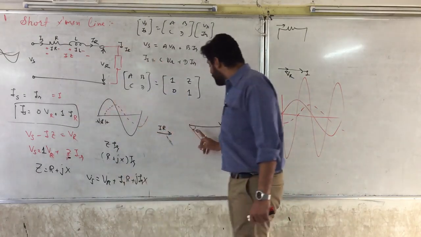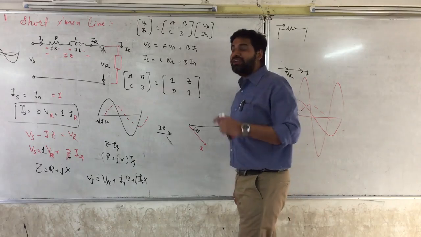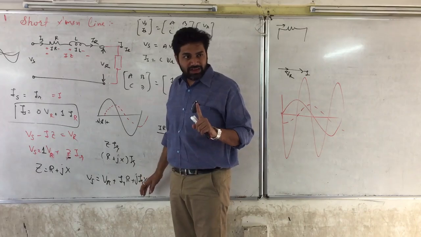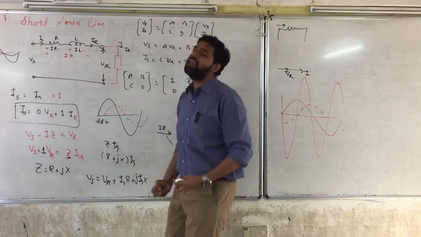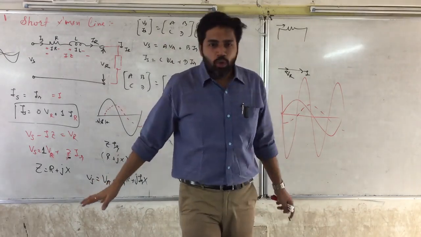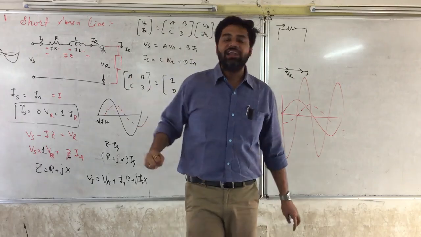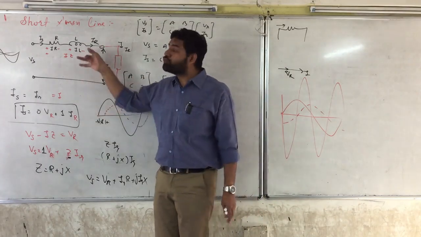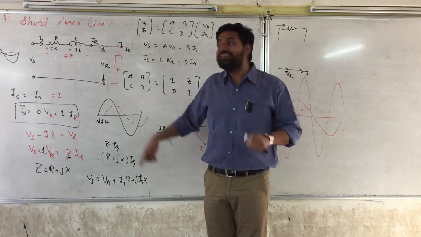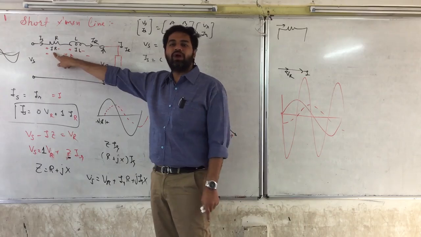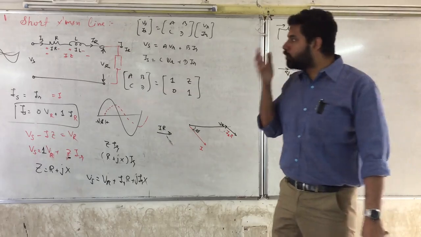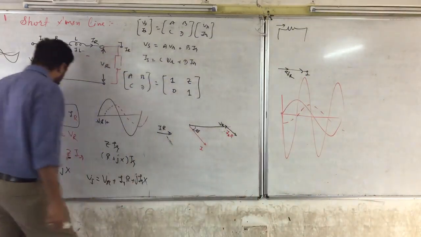Always remember this phi angle that I have got, the magnitude of current that I have got, is a function of the load. Do you understand? Whatever current the load needs, it will pull from the supply, right? So the transmission line has to give whatever the load needs. That is why this drop will be in the direction of the current, and the drop of L is perpendicular to the current, right?